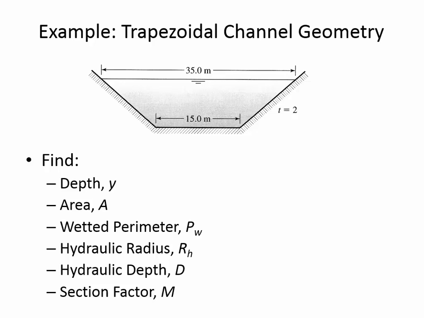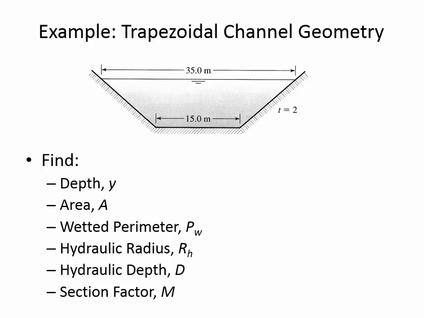Hydraulic depth, D, which we also called y sub h earlier in the slides, is the area divided by the top width. So 125 meters squared divided by 35 meters is 3.571 meters.